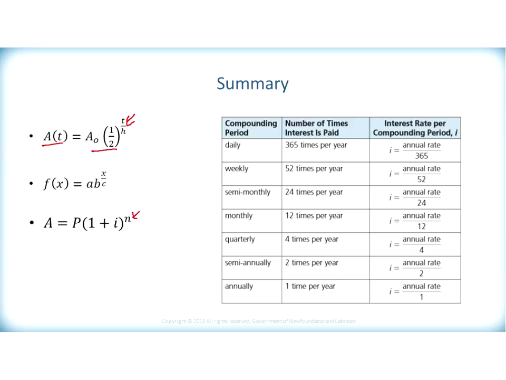And taking the common log of both sides will work for any problem. Remember that there's the number of compounding periods, and the interest rate per compounding period. For daily, it will be 365 times per year, and i will equal the annual rate divided by 365. So this is important when we're calculating the compounding periods and when we're calculating i.